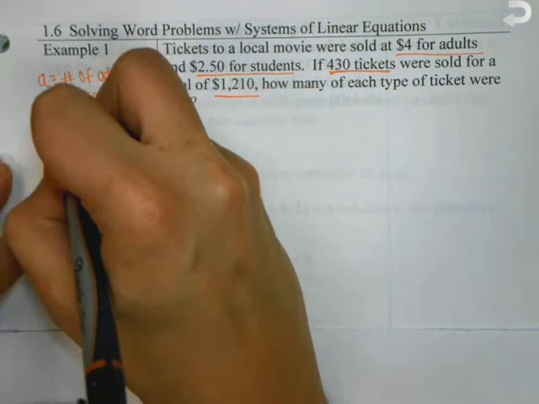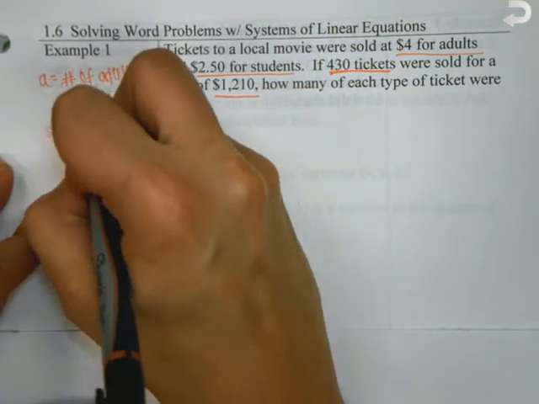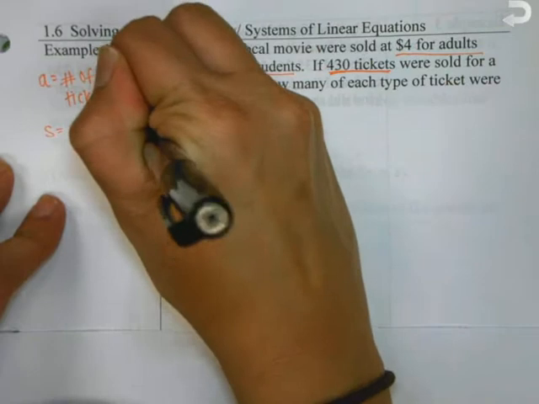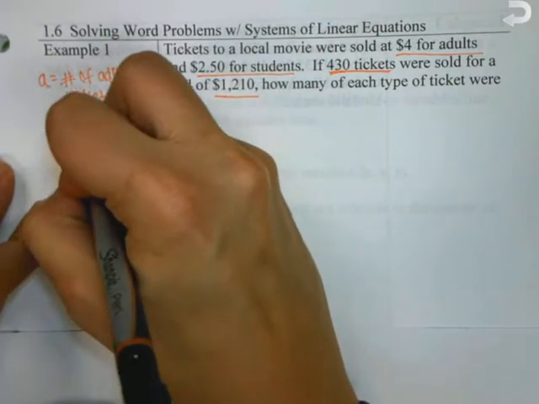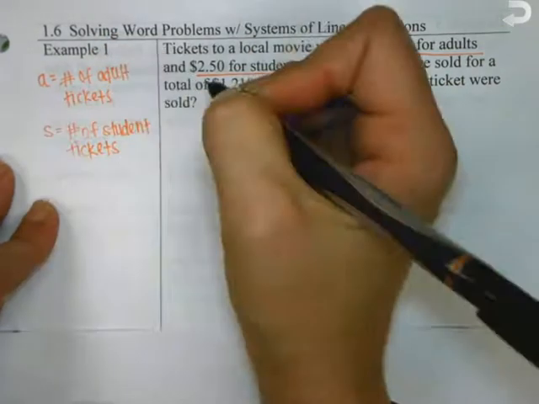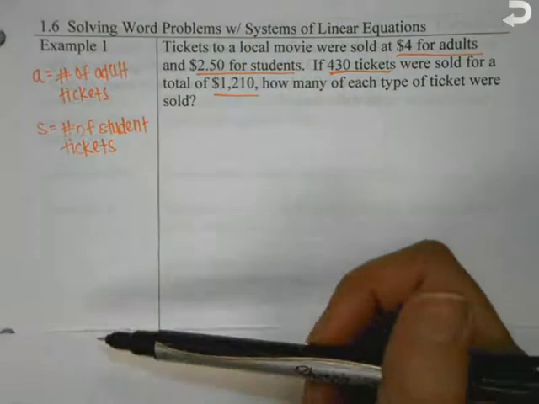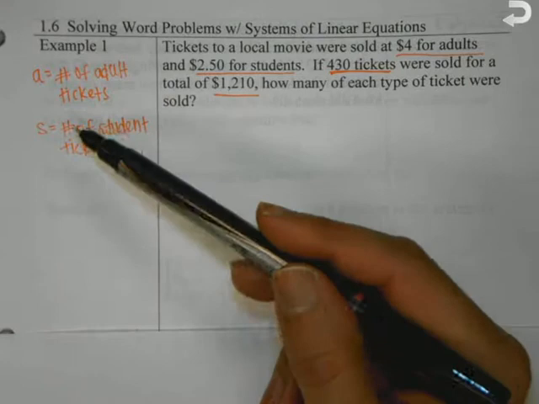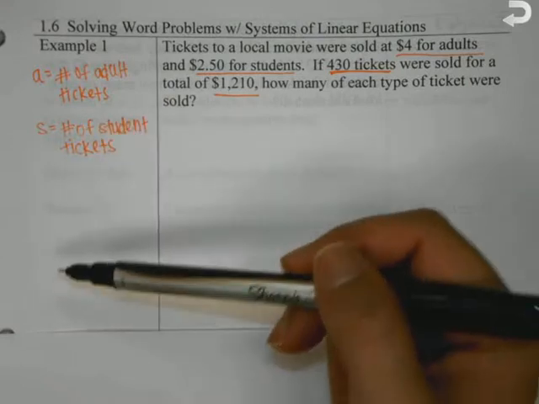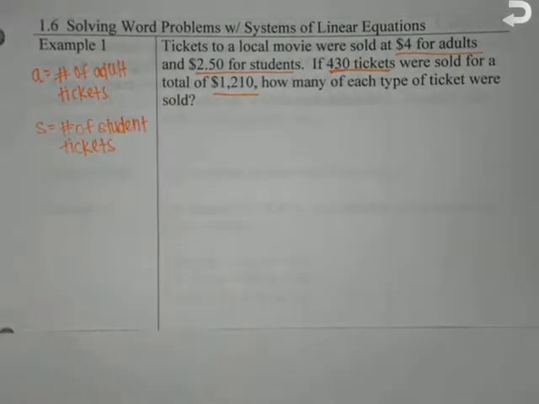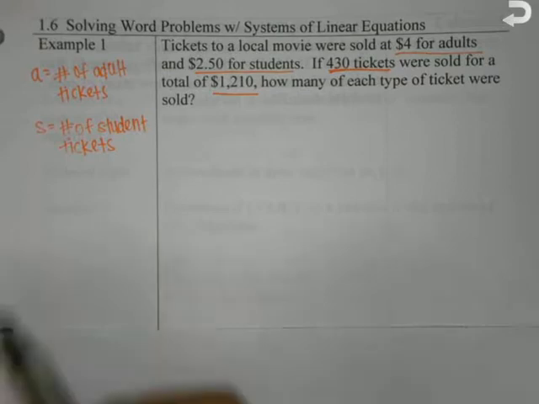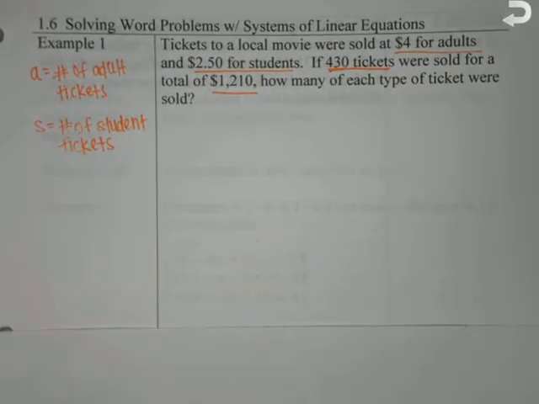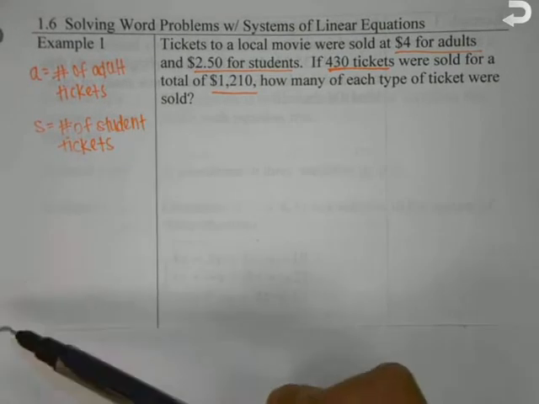S equals the number of student tickets. You have to write that because whether you use A or S, X or Y, M and N, I don't know what X means. I don't know what A means unless you actually tell me. So A is the number of adult tickets sold, S is the number of student tickets sold.